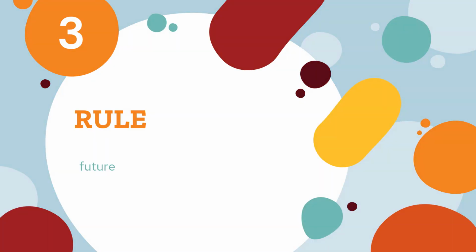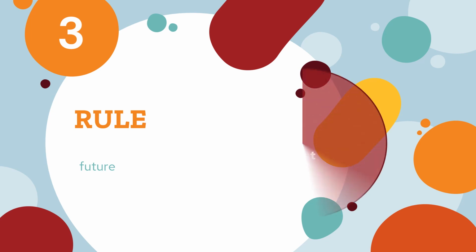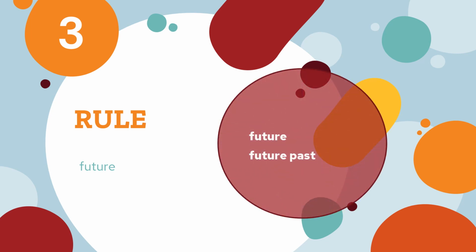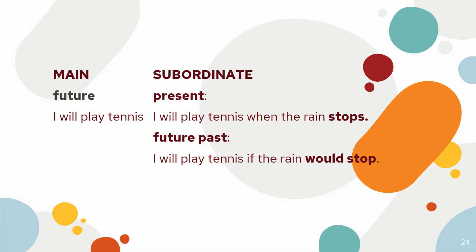Rule 3. If the verb in the main clause is in the future tense, then the verb in the subordinate clause can be in the future tense or the future past. For example, the verb in the main clause is in the future tense. I will play tennis. The verb in the subordinate clause can be in the present tense.